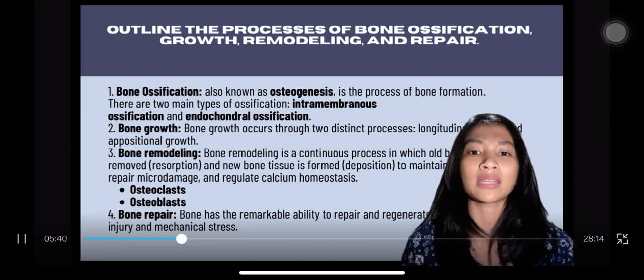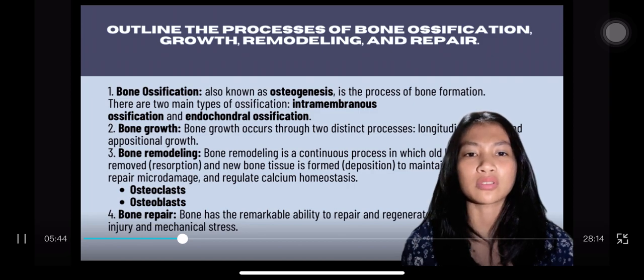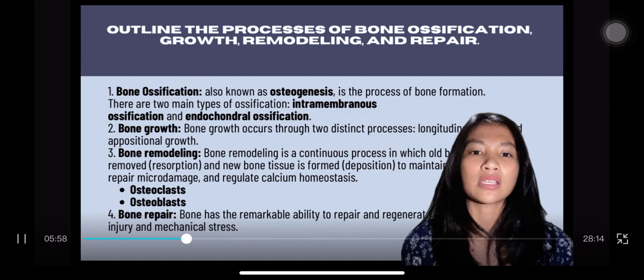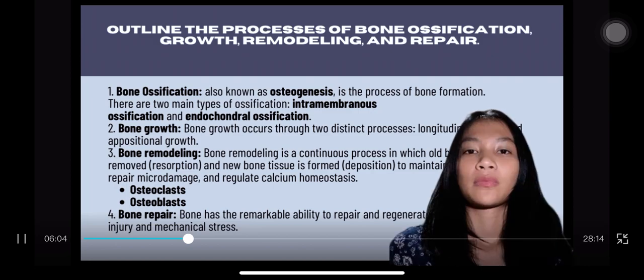There are two main types of bone ossification: intramembranous ossification and endochondral ossification. Intramembranous ossification occurs in flat bones, for example the skull, and some irregular bones. Endochondral ossification is the most common process for long bones, where a cartilage model is formed first.